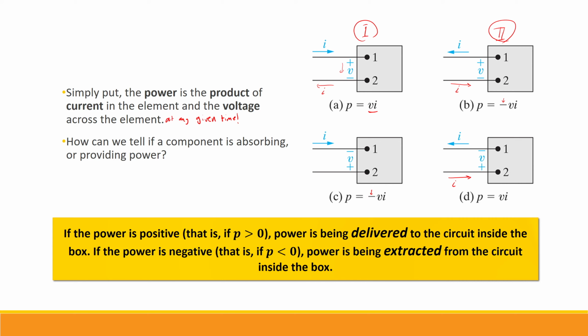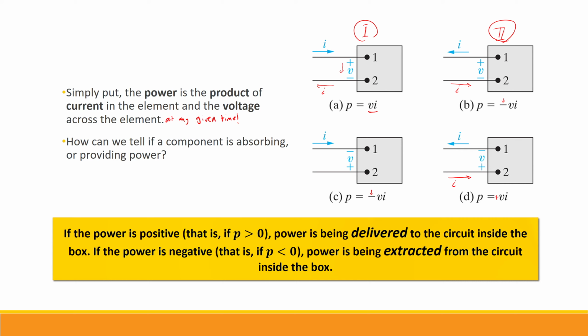So because of that, we have a positive sign in front of the equation for the power. If the power is positive, that means that the power is being delivered to the circuit inside the box. If the power is negative, that means that the power is extracted from the circuit inside the box.